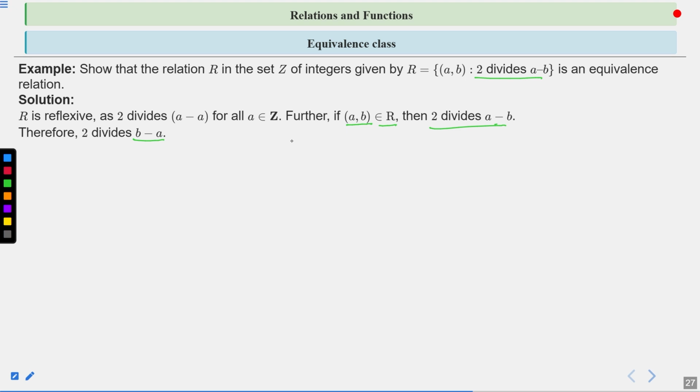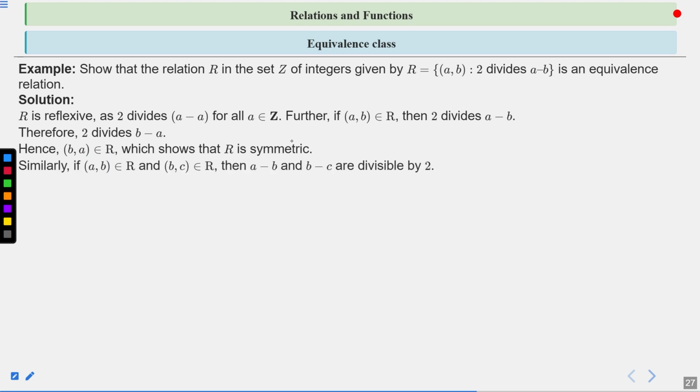If you reverse the order in subtraction, it is still divisible by 2. The only difference is the quotient will be different. Here there is no relevance for the quotient. We just require the divisibility condition, and it is fulfilled here. Hence we get that (b,a) belongs to R. So symmetric.